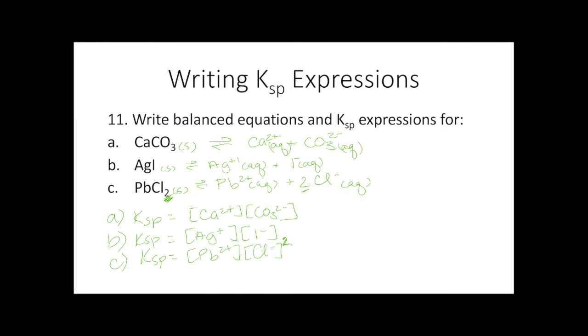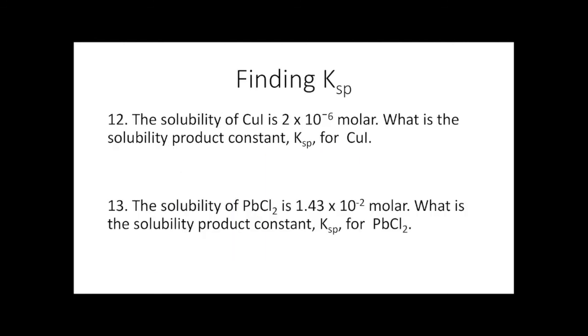I need it because of this 2, because of this 2. All right, that's it. That's your balanced equation and your Ksp expressions. You just break up the ions. If you need to review charges, go back and review charges, but that's it.